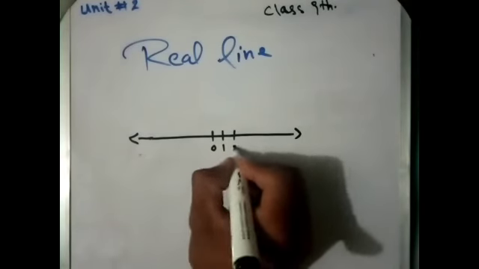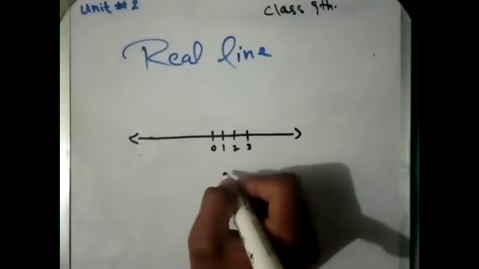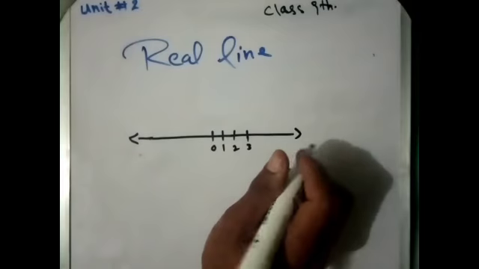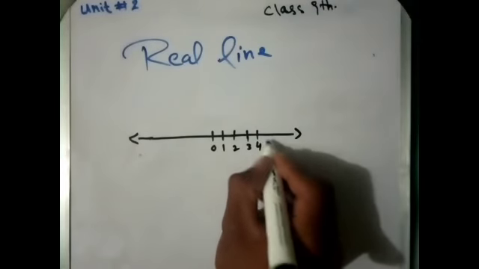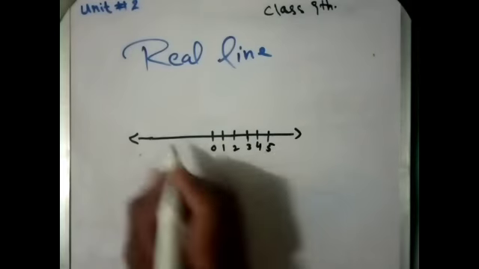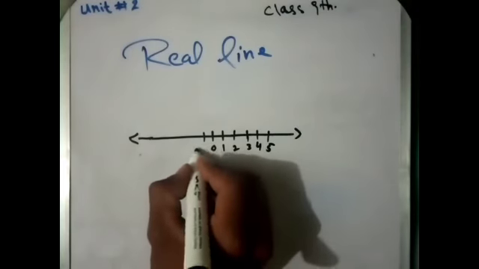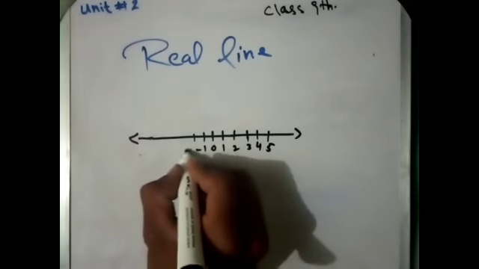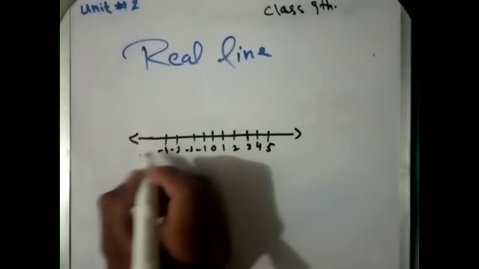One, two, on the right hand side of the origin all numbers are positive, and on the left hand side all numbers are negative: -2, -3, -4, and so on.